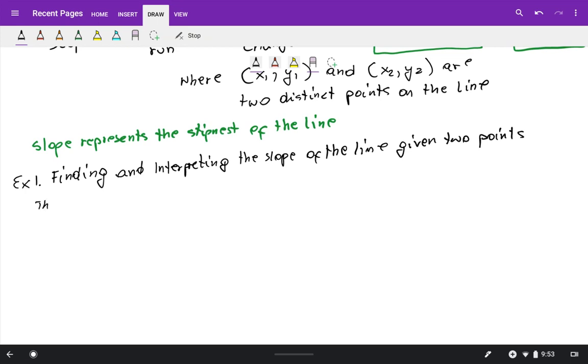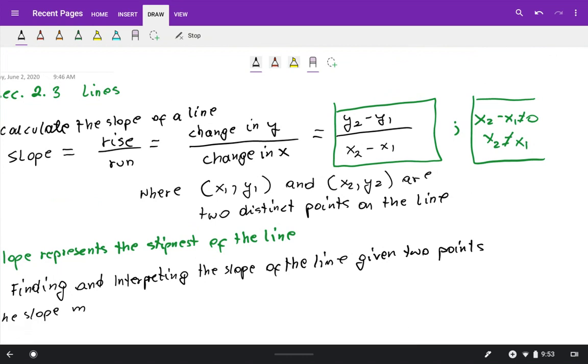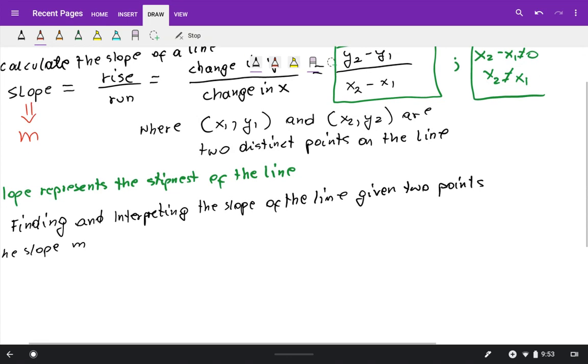So the slope m, because usually the letter for the slope is m. So the notation of the slope is the letter m.